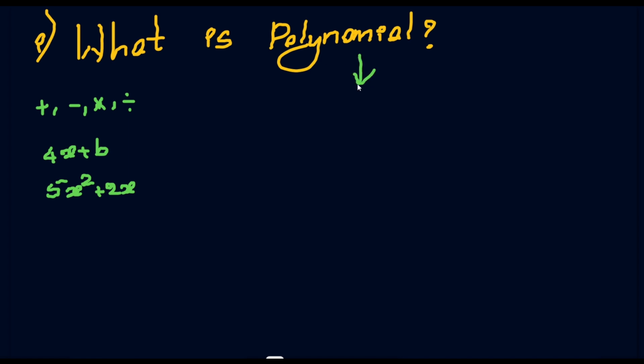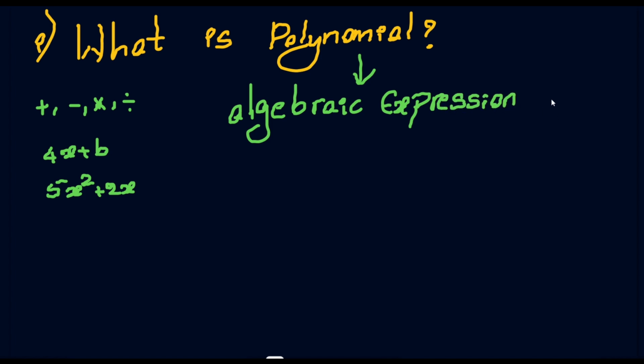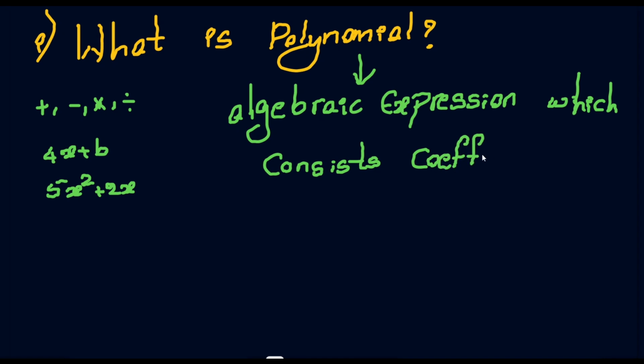So what is a polynomial? It is an algebraic expression which consists of coefficients, and this may be a new word for a few of you, I'll explain, coefficients and also variables and constants.